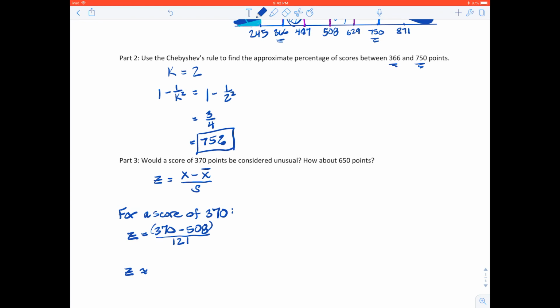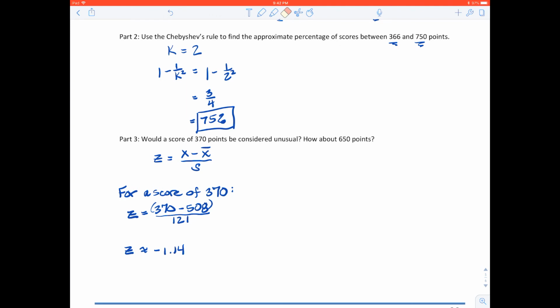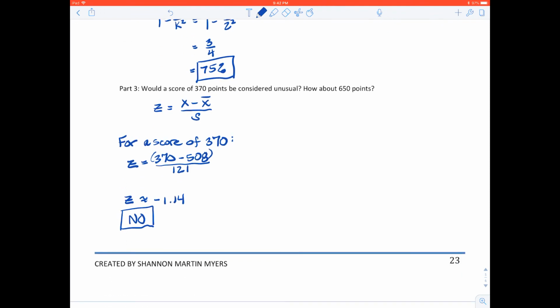When we do that, we get approximately negative 1.14. That is not less than negative 2, so it's not unusual. So we'll say no. In terms of a range, negative 2 is less than negative 1.14, and it's less than positive 2.